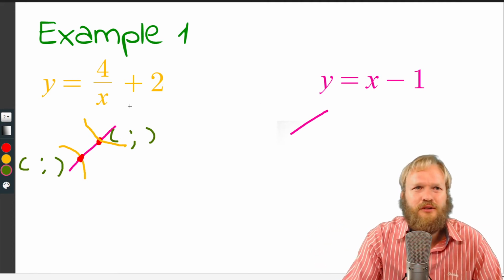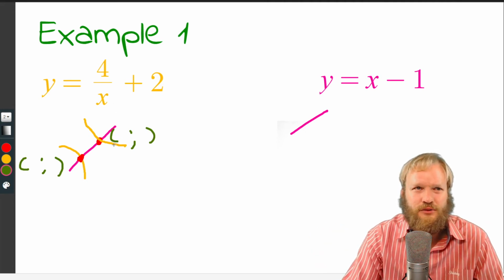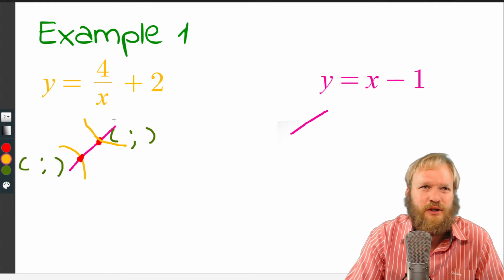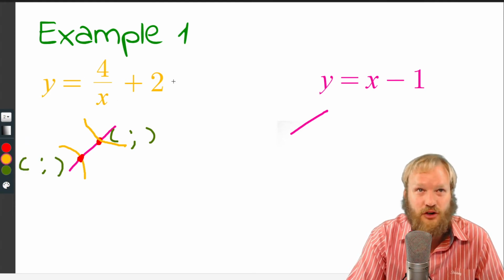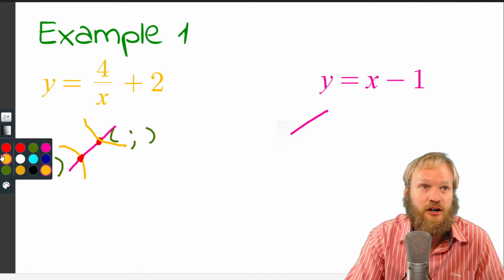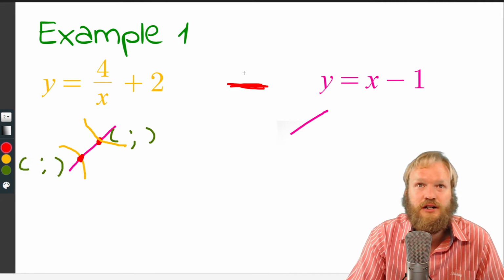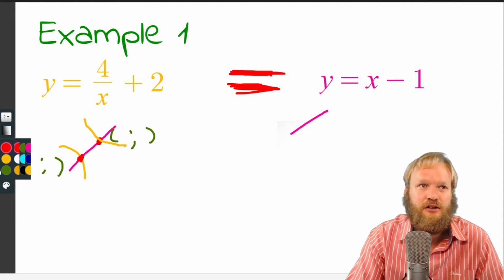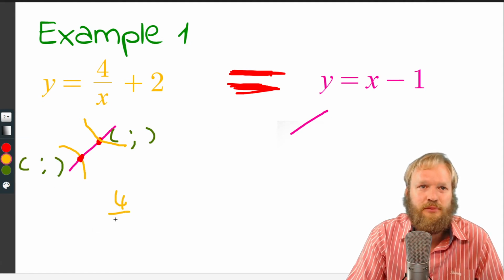In terms of the graphs, what I think is quite useful is that we ask ourselves, when is this graph, y equals 4 over x plus 2, equal to this graph? In other words, when are these two things equal to each other? So we could just put them equal to each other.